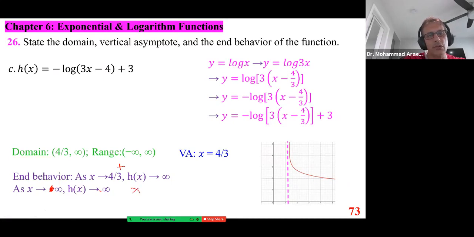So x goes to infinity, y, which is the same as h of x, goes to negative infinity. I want you to know that this goes like this. It goes to negative infinity, everybody. Negative infinity. I can't emphasize this enough.